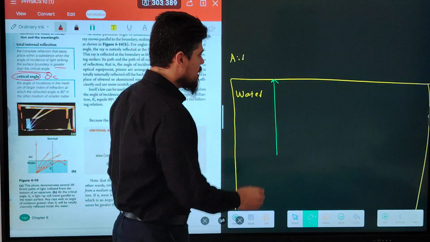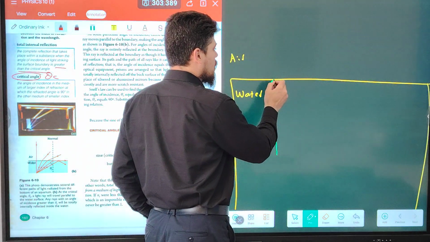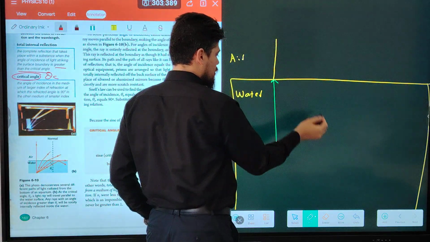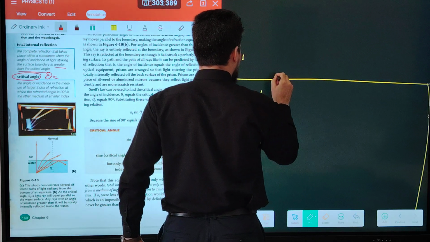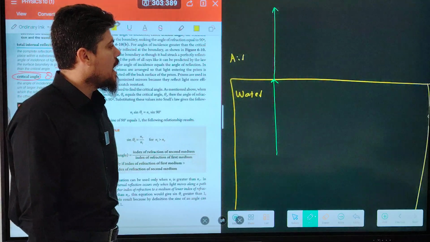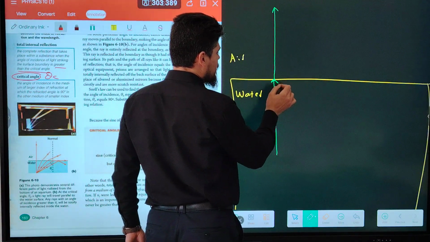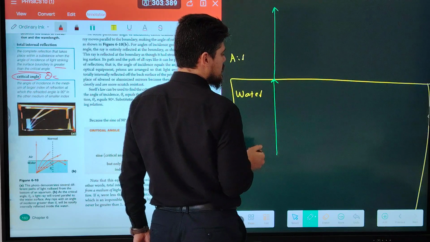No. Why does the light not refract? Because the incoming light is directed along the normal. So the light travels in the same direction. There will be no bending and no refraction of the light.